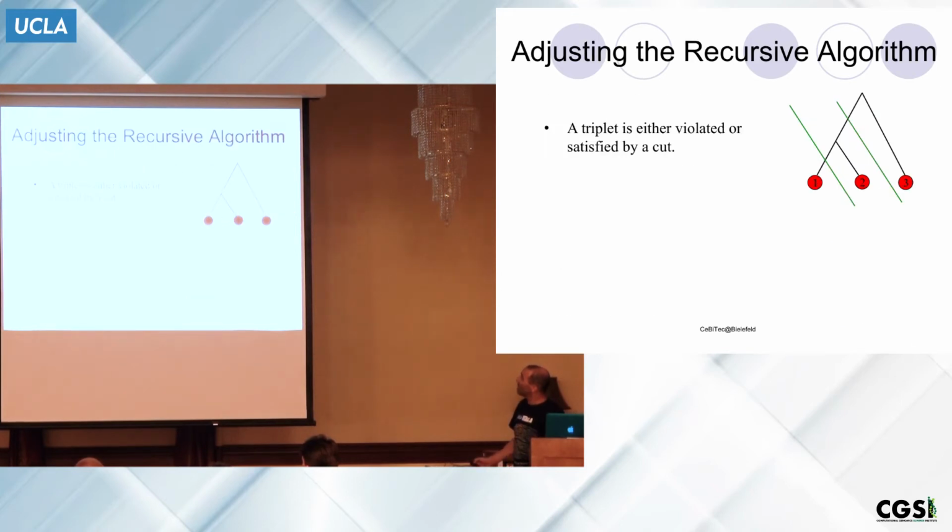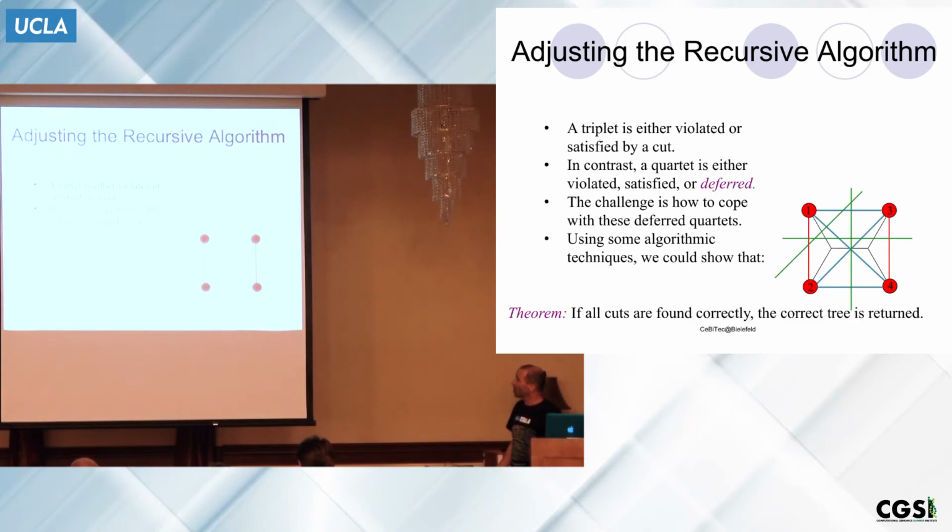And how do we adjust the recursive algorithm? With triplets, a triplet is either violated, like you see here, where it separates 1 from 2 and 3, or it is satisfied. It does exactly what we want: 1 and 2 are separated from 3.